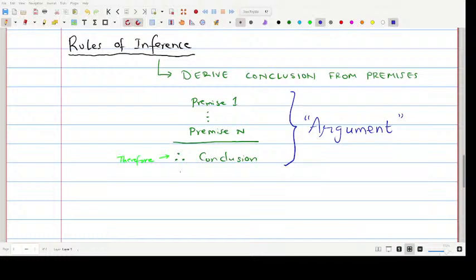When the conclusion is true, the truth value of the conclusion should be true, then the argument is valid.